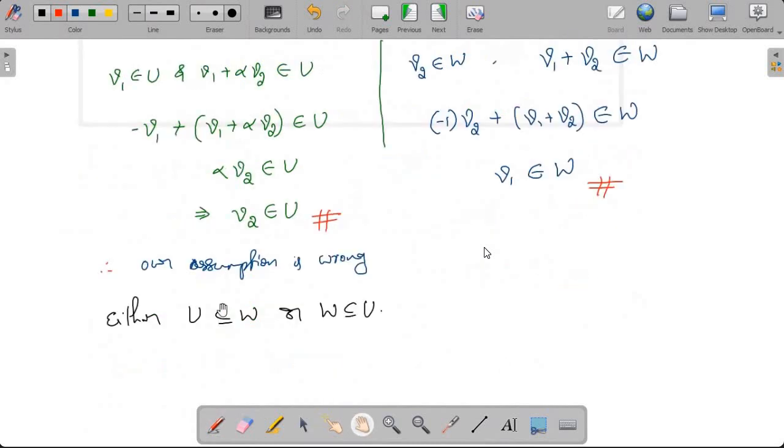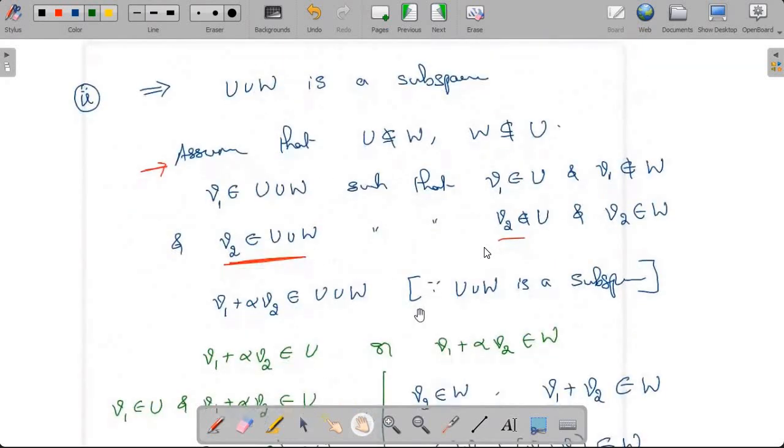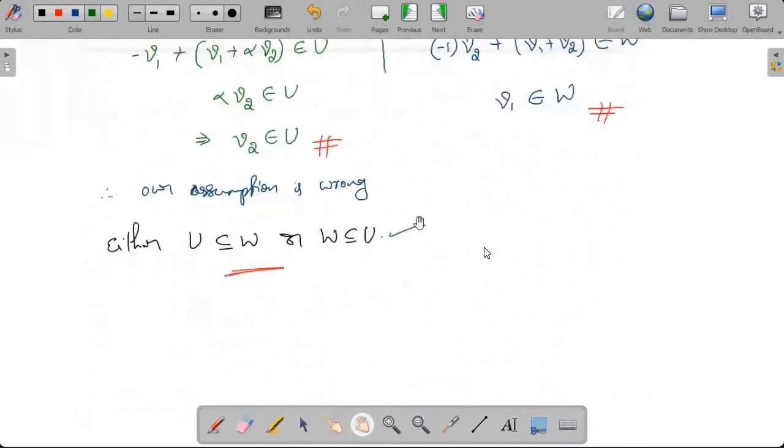So our assumption is U is not contained in W and W is not contained in U. That is the wrong assumption. So therefore, this must be correct. Right? So this must be the correct assumption. It means that if the union is a subspace, then definitely one subspace is contained in the other.